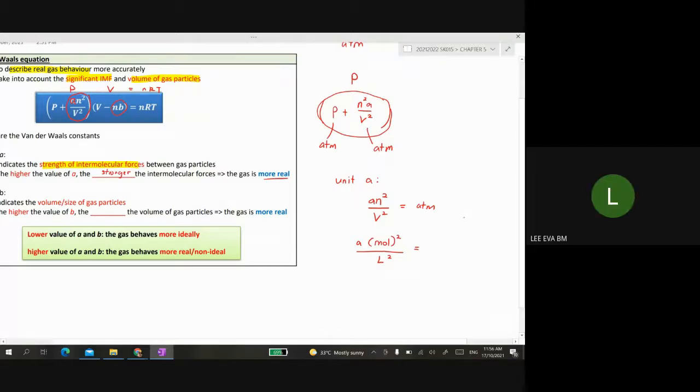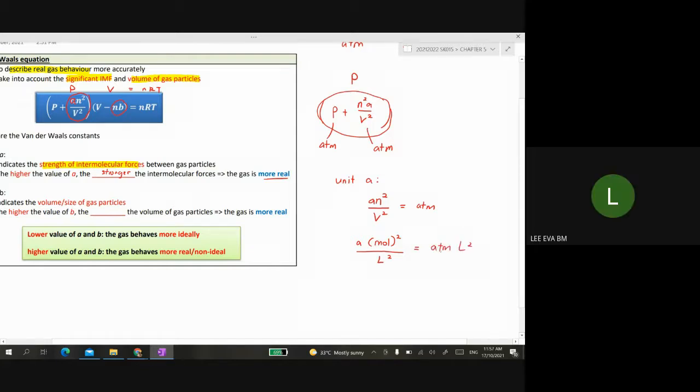Okay. So what will be the unit for your A constant? ATM L squared per mole squared. Is it?